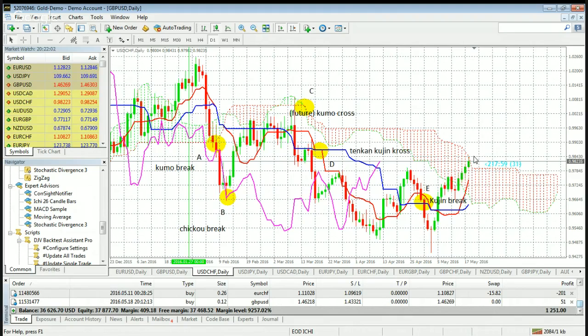The one that's most likely going to follow on that Kumo break. Let's see who gets that. Just look carefully. The answer is there.